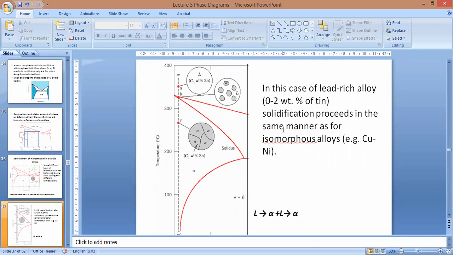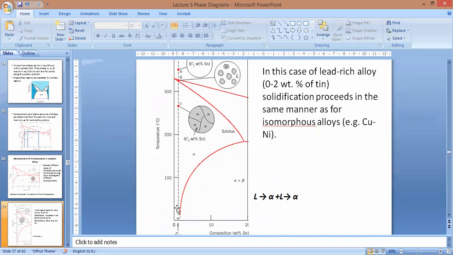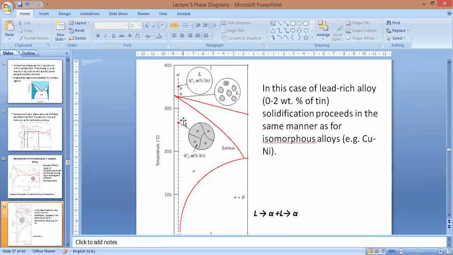In this case of lead-rich alloy, 0 to 2% of tin. So tin is there, but at a smaller percent. You can see 0 to 2% of tin, meaning it's made out of roughly 99.8 to 100% lead. That's the composition we're interested in here.